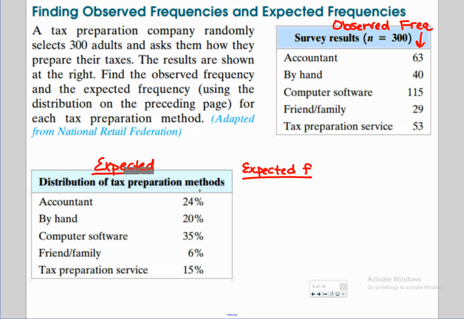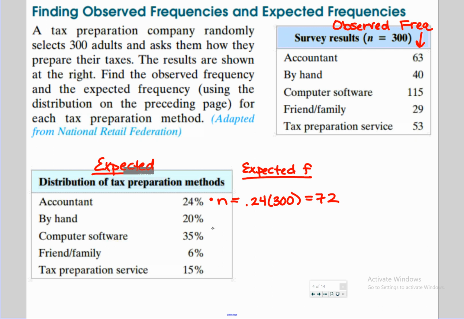All we have to do is take our expected probabilities, and we've got all those percentages already, and multiply them by our n. For the first category, it'd be 0.24 times n, which is 300. If 24% of the 300 people said they used an accountant, we would expect that 0.24 times 300, 72 people would have answered that they use the accountant.